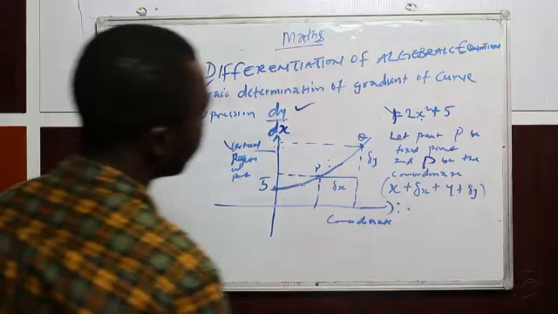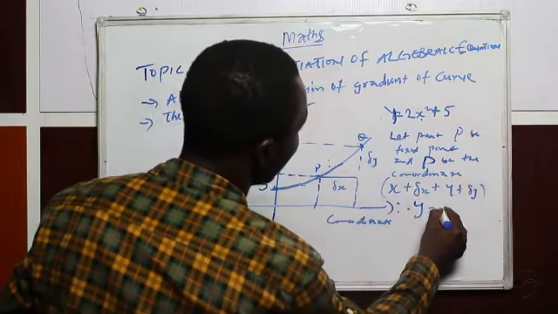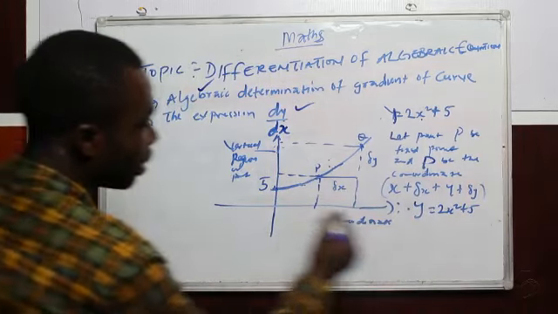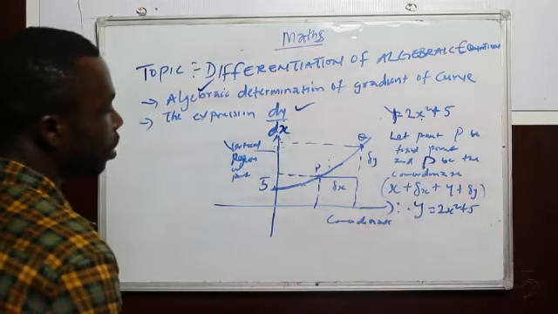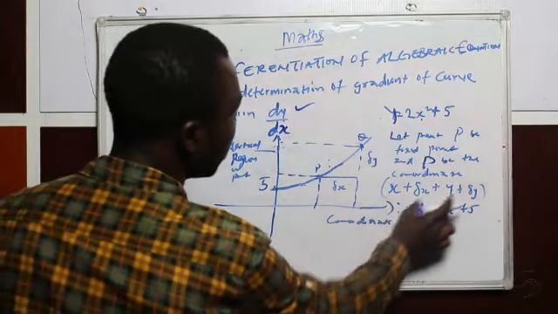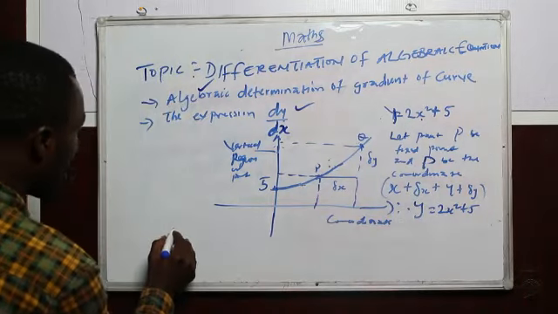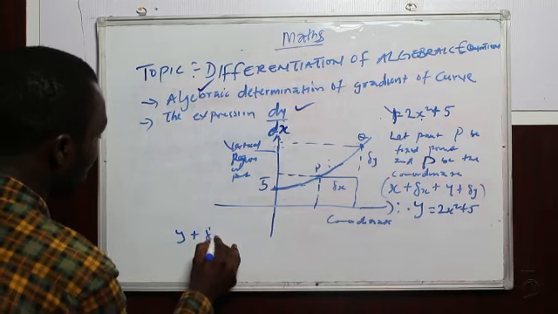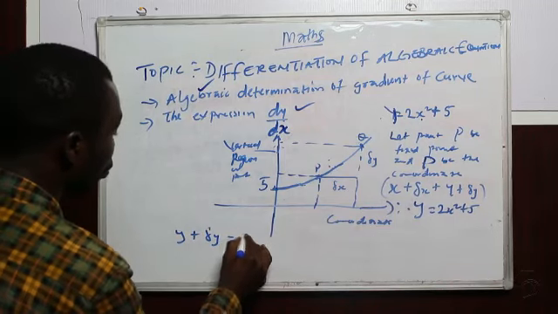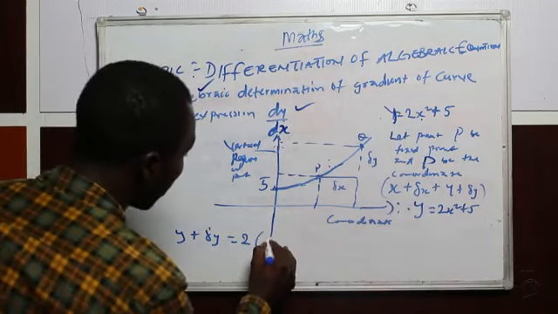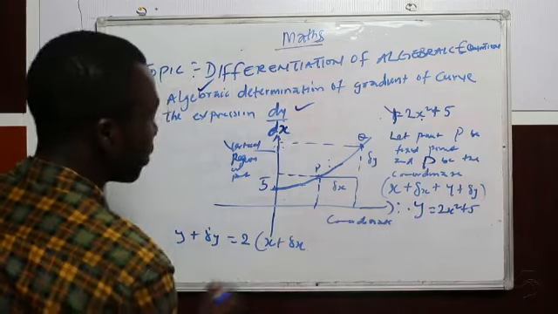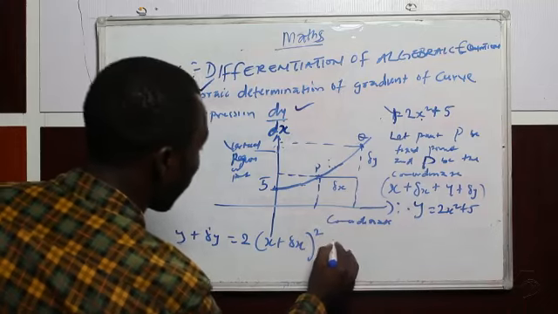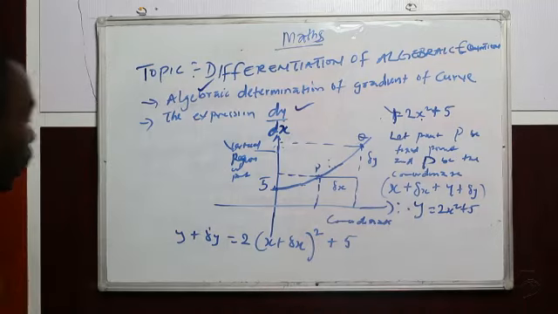Therefore, we have y equal to 2x squared plus 5. Then we substitute our x value, that is the P coordinate, into this equation, whereby we have y plus sigma y equal to 2 bracket x plus sigma x all square plus 5.